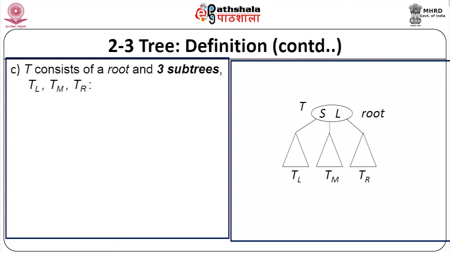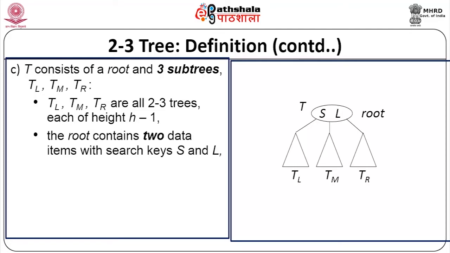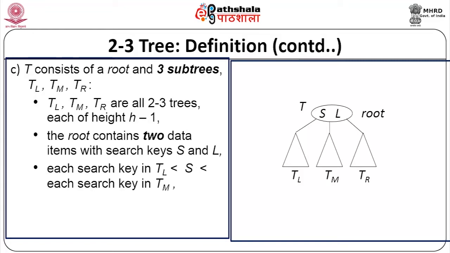So, 3 subtrees, and it is a 2-3 tree. TL, TM and TR are all 2-3 trees themselves, each of height h minus 1, all the same height. The root contains a maximum of 2 data items called S and L, search keys S and L. Each key in TL will be less than S, and less than each search key in TM.